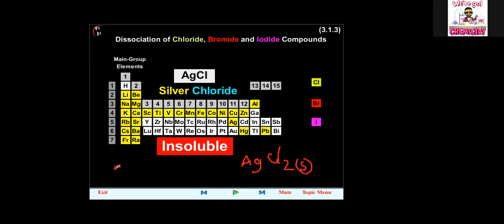If it dissolved, then it becomes aqueous, Ag+ aqueous and Cl- aqueous. But since it's not soluble, the solid will remain solid. And this is what you're going to use when you are writing your net ionic equation. We'll get there. This is just an introduction to that.